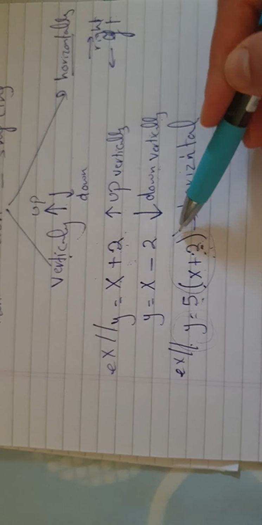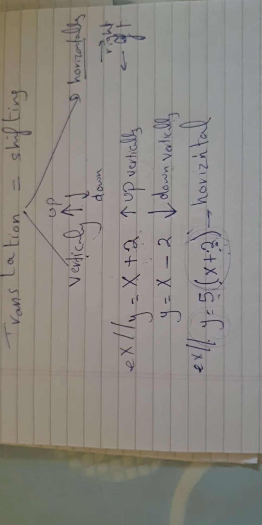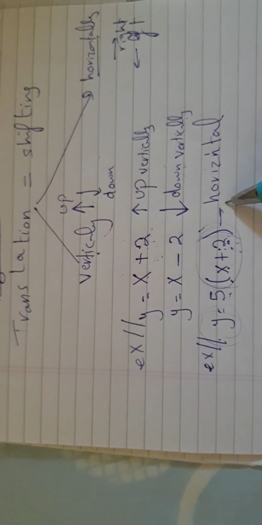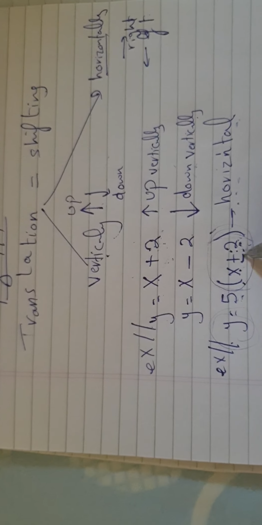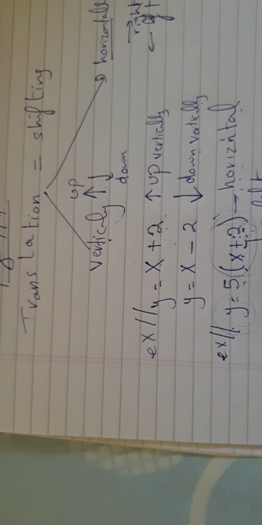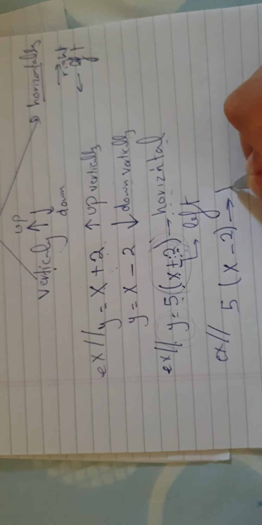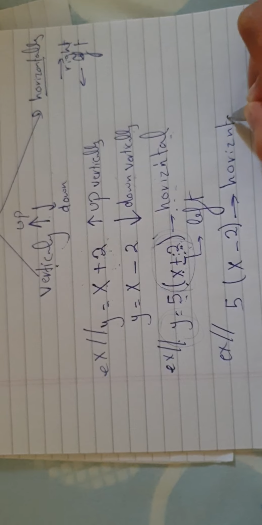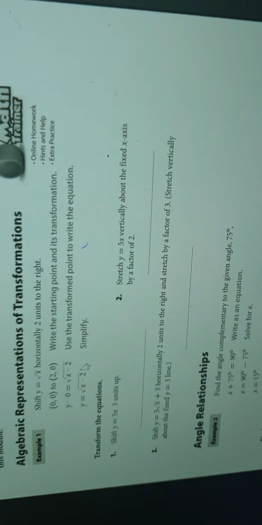When you are including a bracket, you are translating the x itself. That's why it's horizontal, right and left. If it's plus, it's left. If I have, for example, 5 times (x minus 2) inside a bracket, this is horizontal, right. So according to this, let's go back to our question.